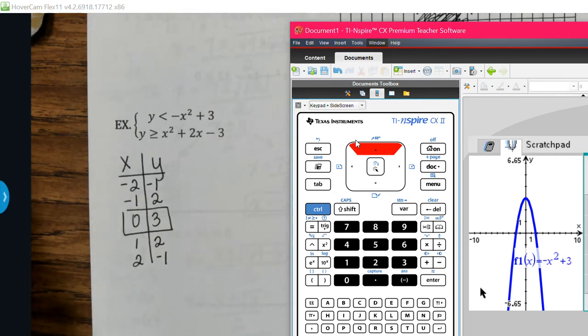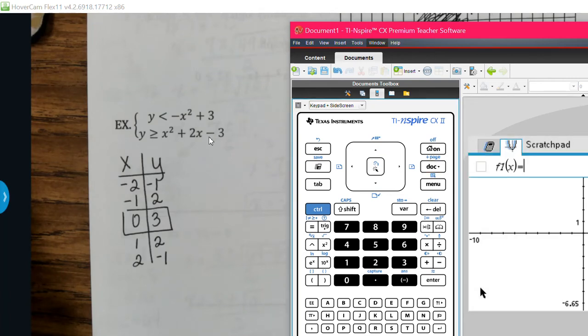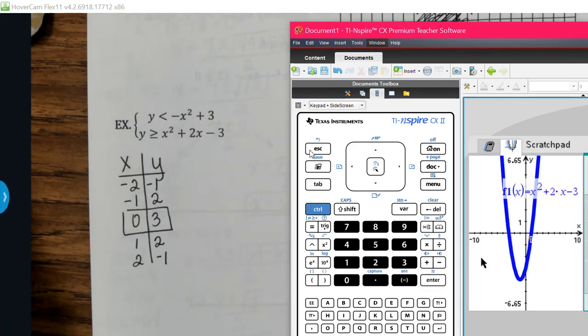I'm going to go ahead, clear it, since I'm already on the calculator, and get the table for my second quadratic inequality. So I'm going to have x squared plus 2x minus 3. Enter. Now what should be my vertex? If you can't tell from the graph, look, you know that it's in the negatives.